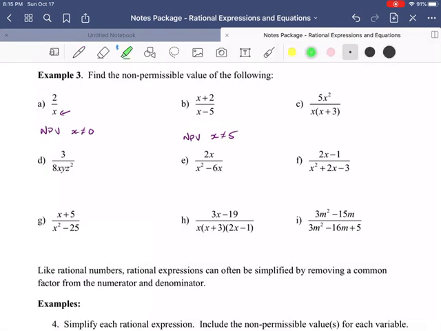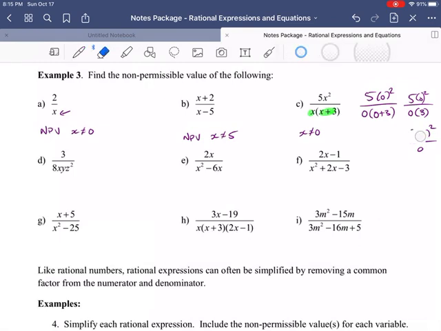We've got two things in the denominator. We've got an x, and then we've got this term here, x and positive 3. Well, the first one, x cannot equal 0, because if you put 0 in for x, then your denominator is going to be 0 multiplied by 3, which is still 0.